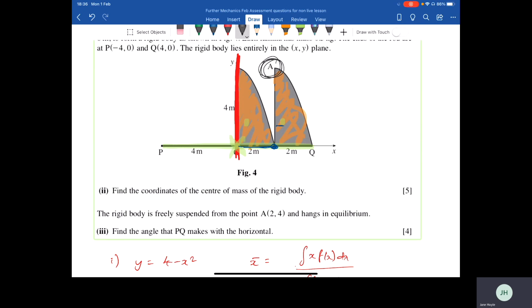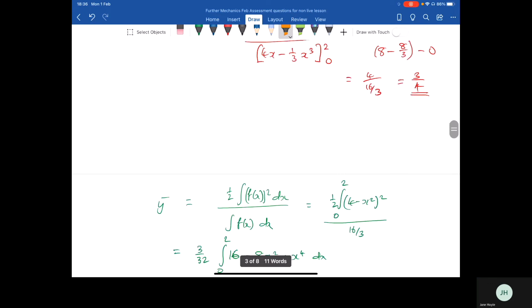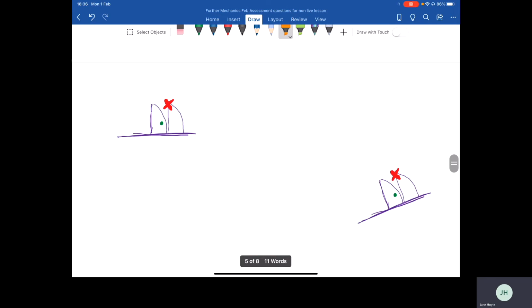And then it is hanging in equilibrium, so it's not moving. So here is a representation of the shape that we've got. This is our centre of mass in green, and that is our point A there.